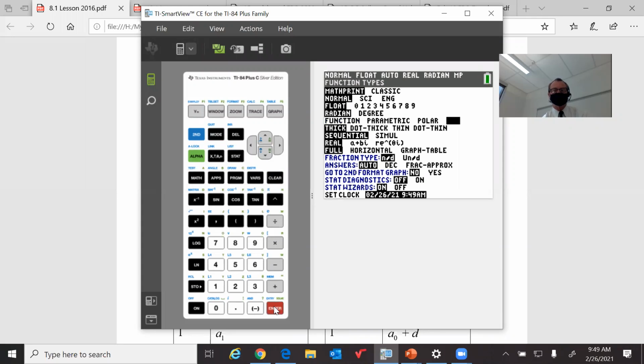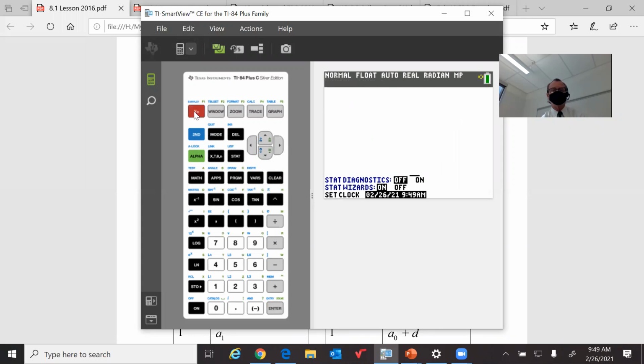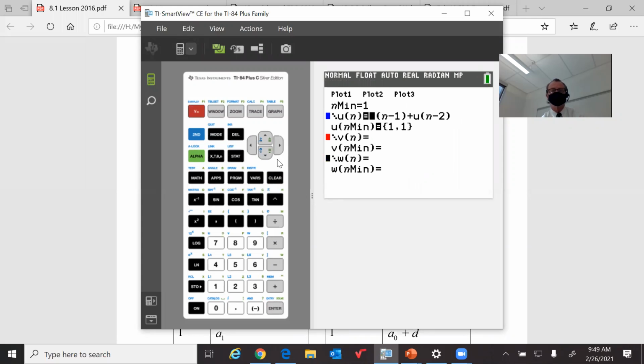Some people, if you have a skinny calculator, will have a different view than this, but this is like the mid-grade, the older TI-84s. So what am I going to put in there? I'm going to put in negative 1 plus n take away 1 times 3.